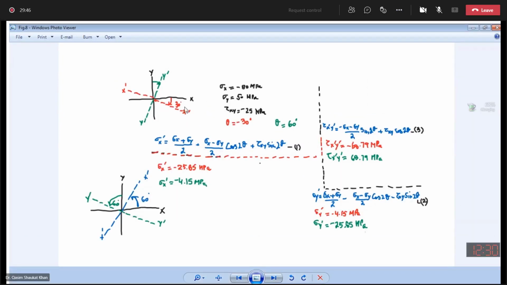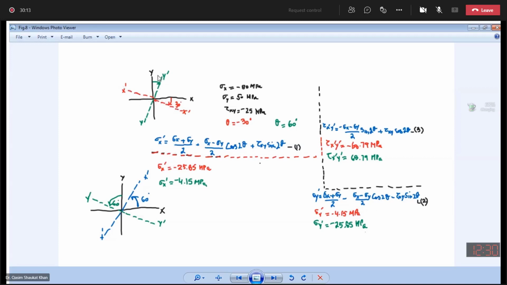So in this first case where we have oriented the element at minus 30 degrees, sigma x dash, the transformed normal stress about the x dash axis, we got minus 25.85 megapascals.